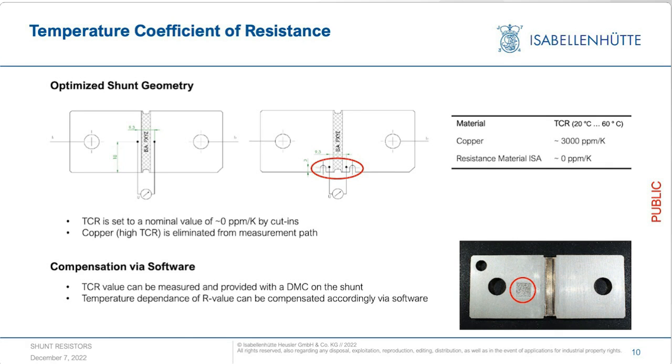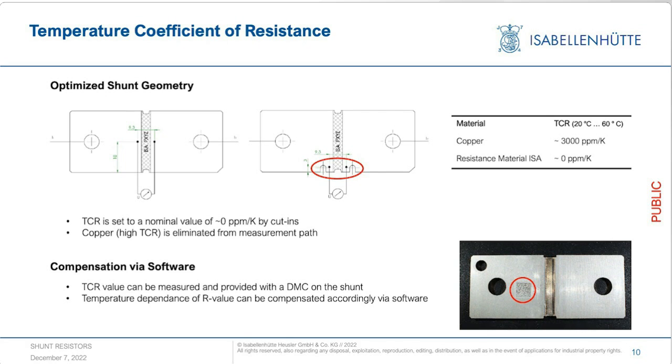Now if you look at the left drawing, you see that typically you measure the voltage drop somewhat outside of the resistance material. So the TCR you actually measure is a combination of the TCR of the resistance material and of the amount of copper you have in between the measurement points and the resistance material.